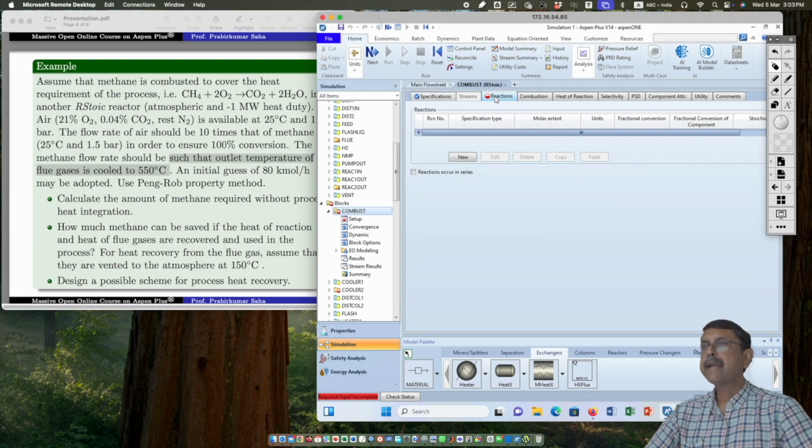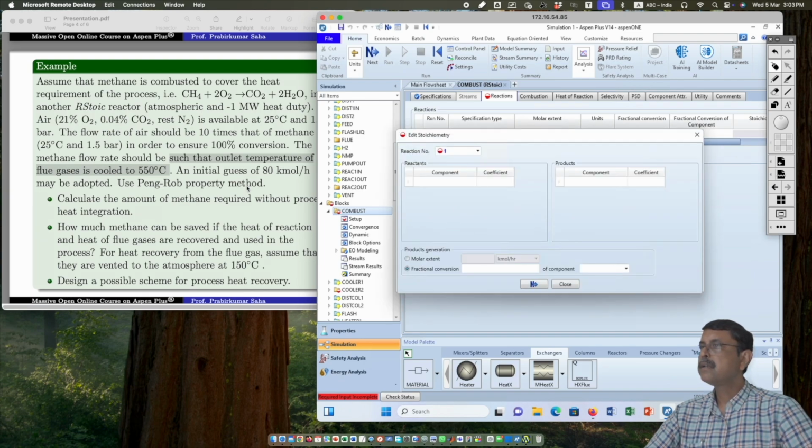Now go to the reactions. Reactions, you have new reaction, which is CH4 plus oxygen, 1:2 ratio, which yields carbon dioxide and water.